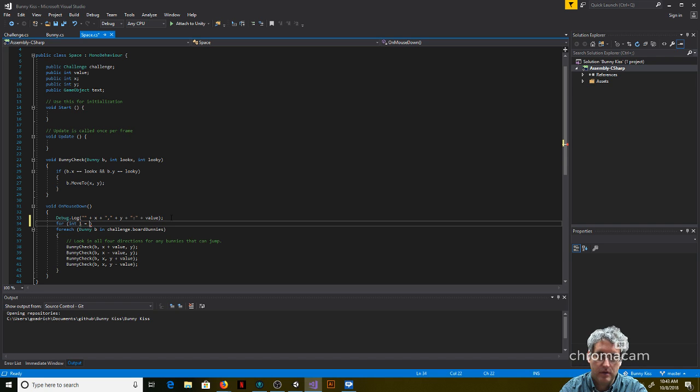Int i equals 0, i less than board bunnies dot count. There we go. Let's go find a bunny.